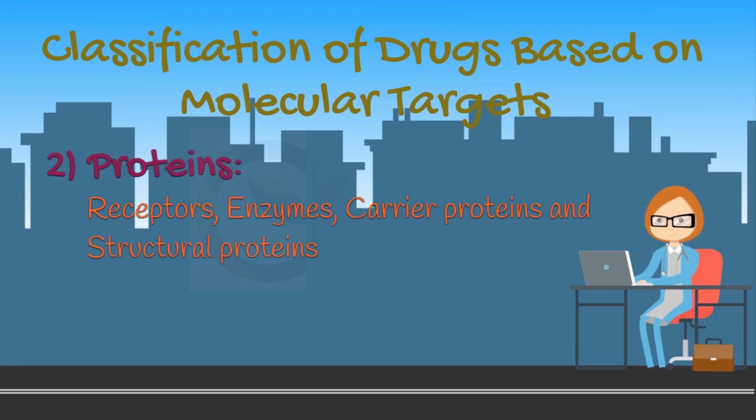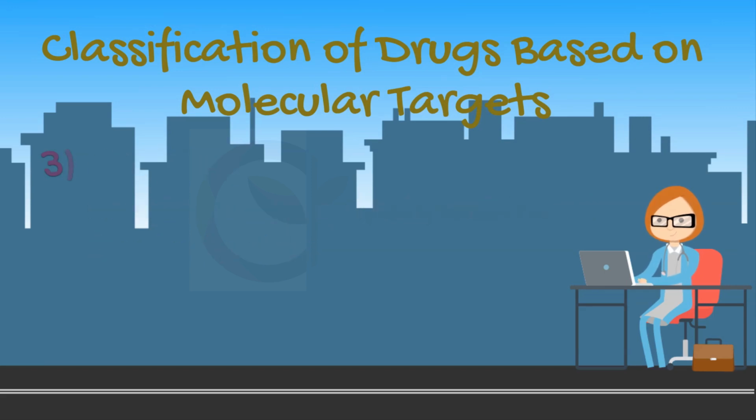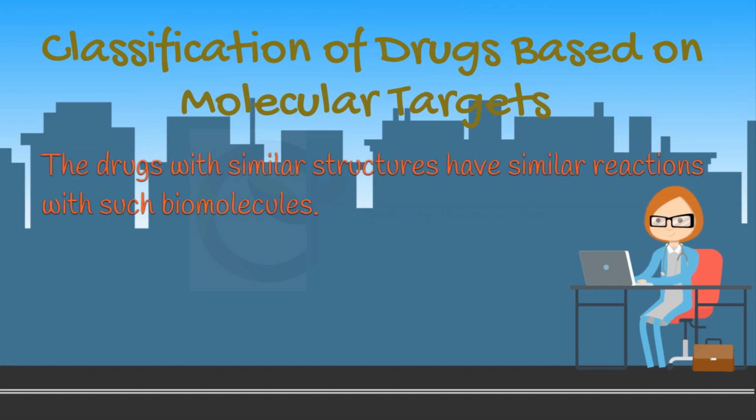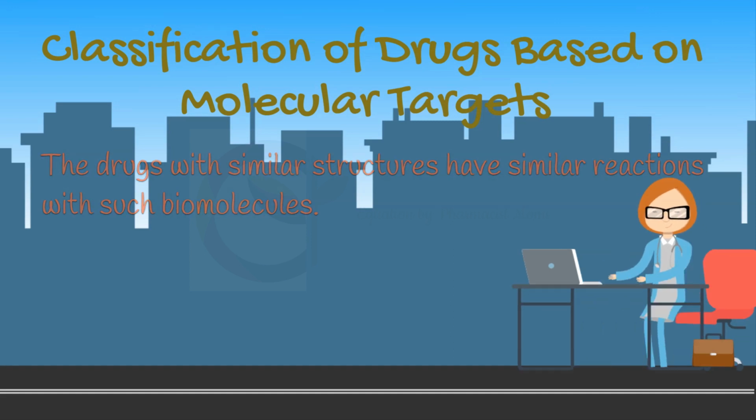Proteins including receptors, enzymes, carrier proteins, structural proteins. Lipids including cell membrane lipids target. Nucleic acids including DNA and RNA. The drugs with similar structures have similar reactions with such biomolecules.